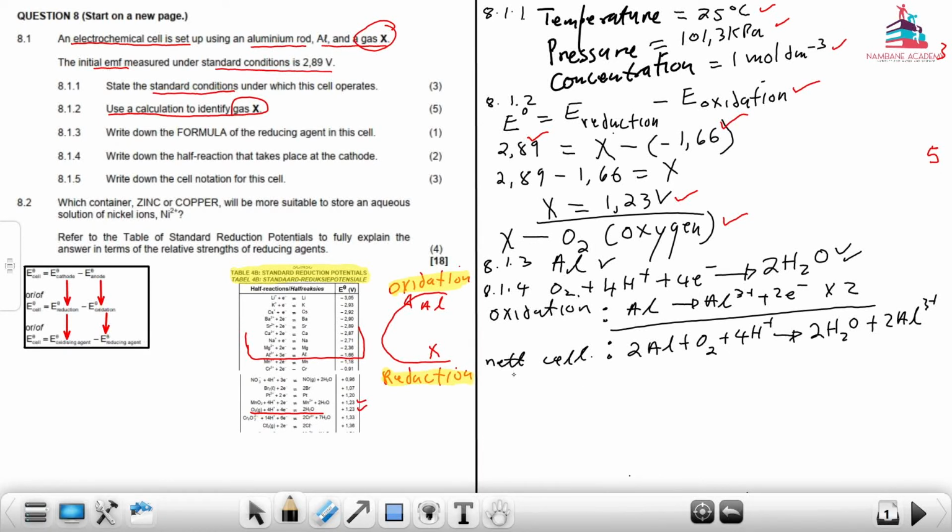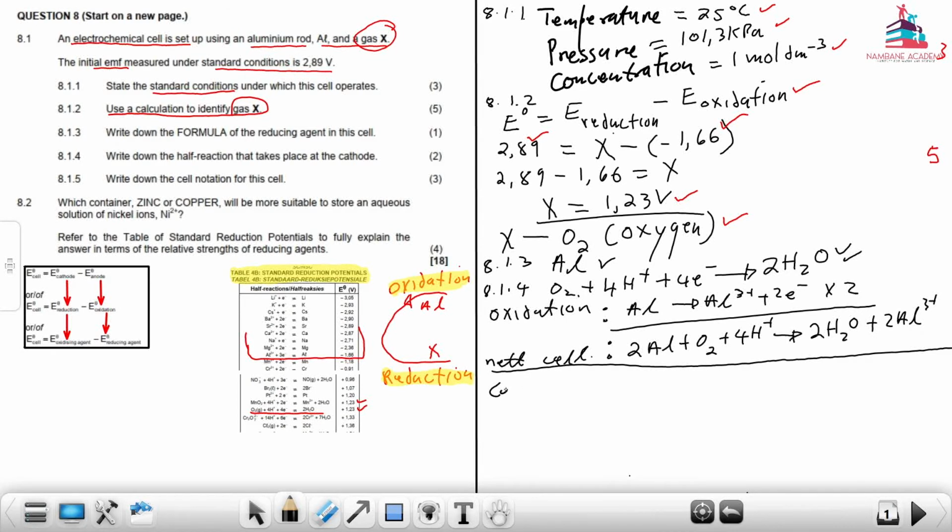So from the net cell, the key idea is I want us to get to the cell notation. From this, we are just going to do drag and drop. How does our cell notation look like?